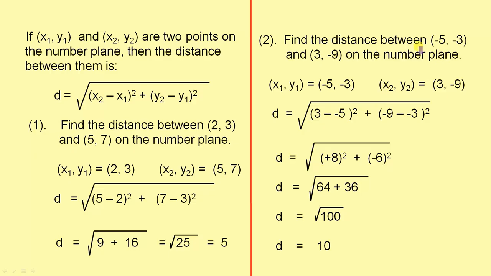Second example, find the distance between minus 5, minus 3 and 3, minus 9 on the number plane. So x1, y1 will be that point, which is this one, and x2, y2 is that point, which is that one. Substituting straight into the equation, d equals the square root of (3 minus negative 5) all squared plus (negative 9 minus negative 3) all squared.